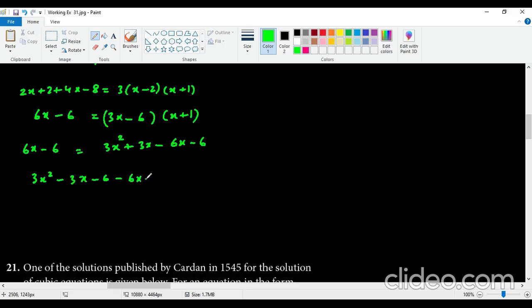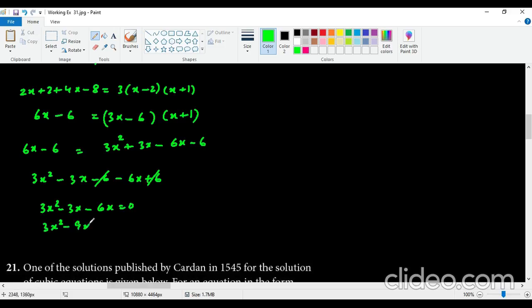So finally, plus 6 and minus 6 are going to be cancelled, and you will get 3x squared minus 3x minus 6x. So finally you will get 3x squared minus 9x equals 0.